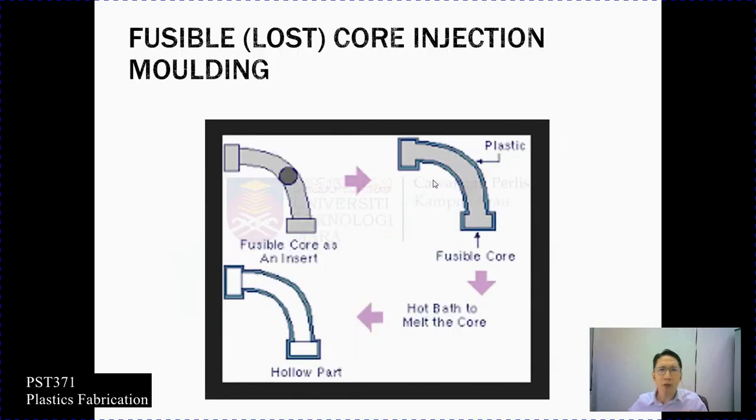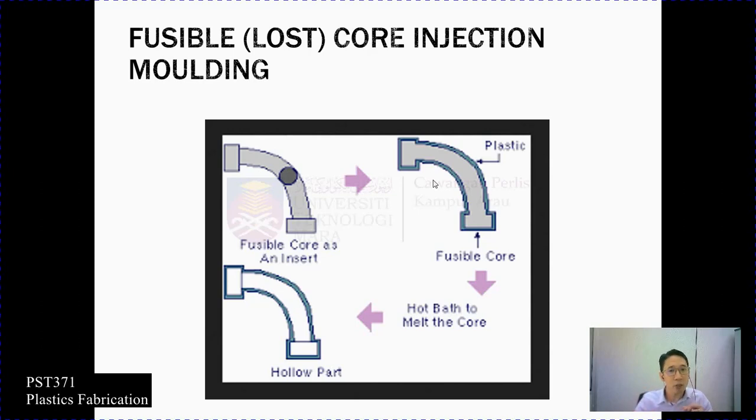And then we have fusible core co-injection molding. The purpose of this process is usually to produce hollow parts. As we know, last semester I taught you about polymer machinery. The common equipment used to produce hollow parts is rotational molding.